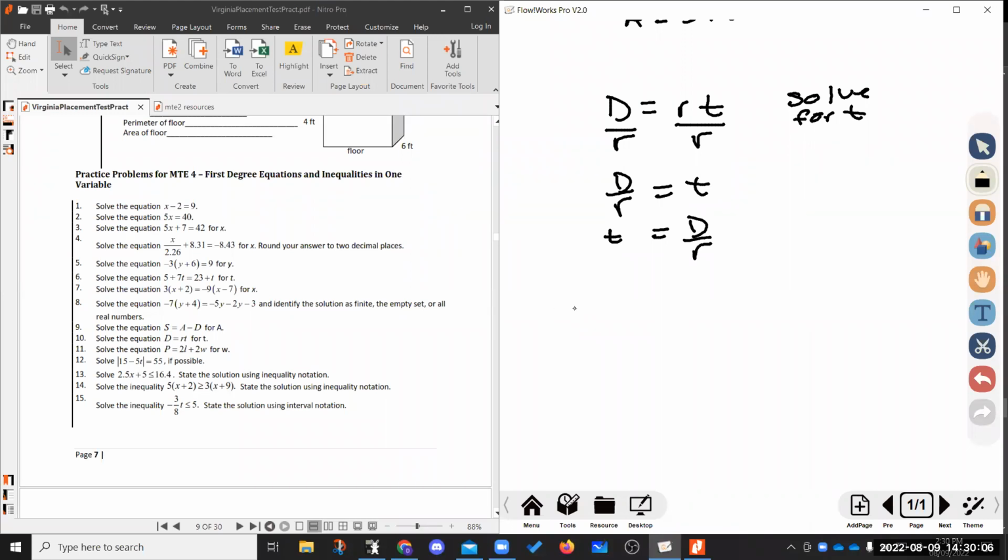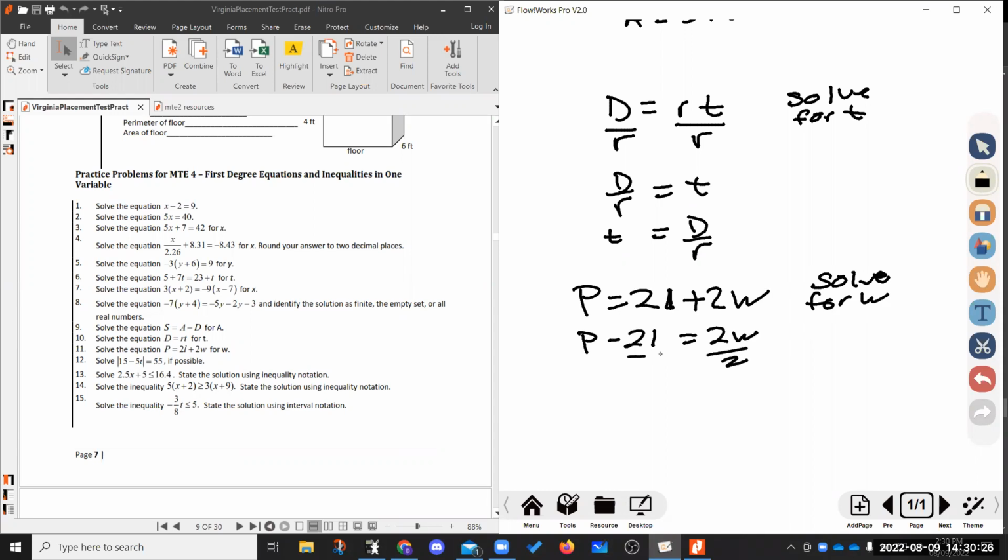Next, we have our perimeter formula for a rectangle. P is equal to 2L plus 2W. They want us to solve for W. So we're going to have to get the L's away from the W's. Then we're going to need to divide everything by 2.